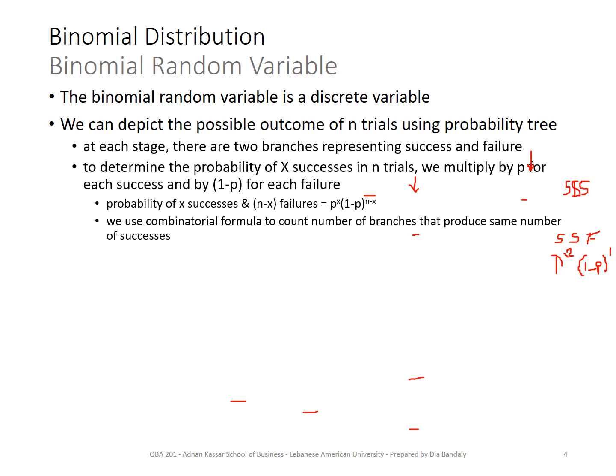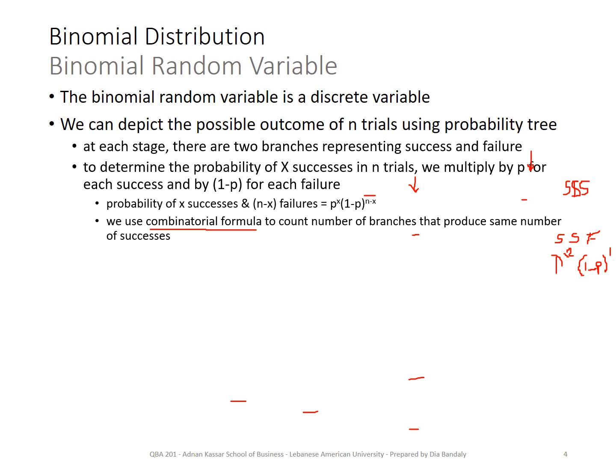Now we need to use something that we don't learn in this course, what's called combinatorial counting or the combinatorial formula, in order to find the final probability for the outcomes that represent the same number of successes.